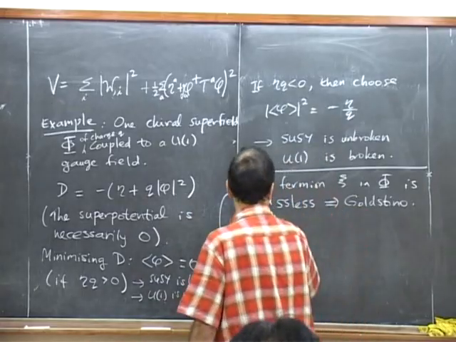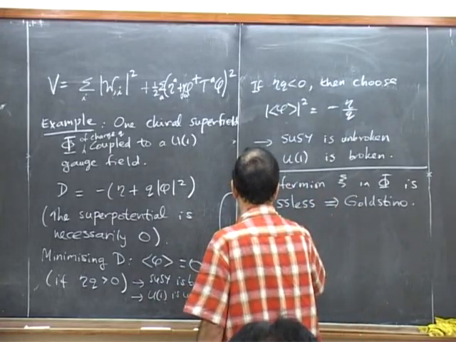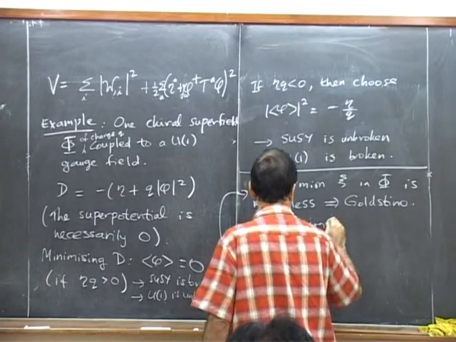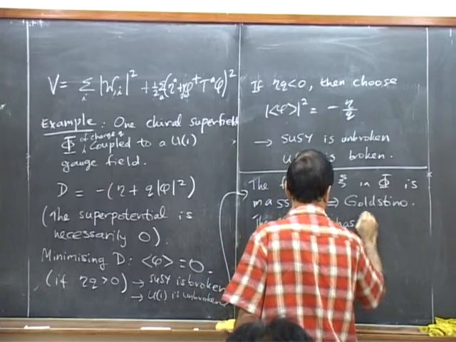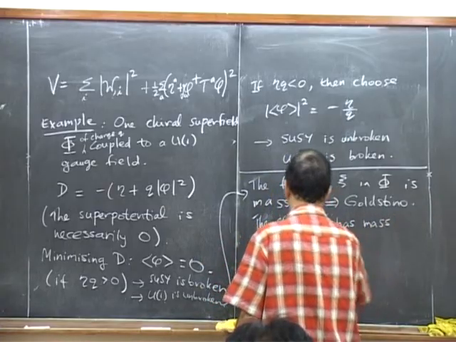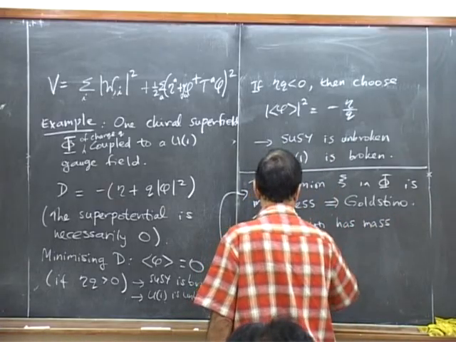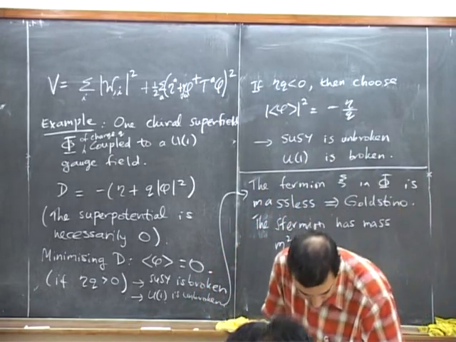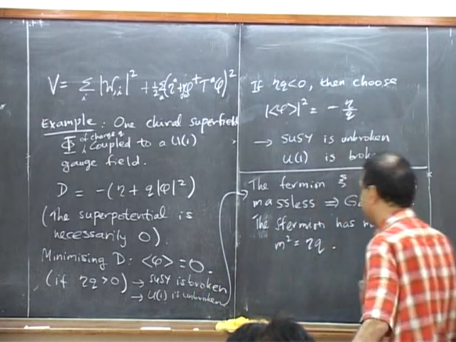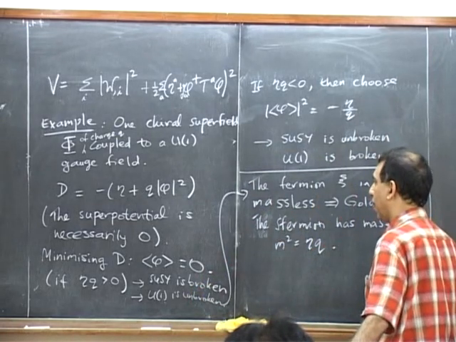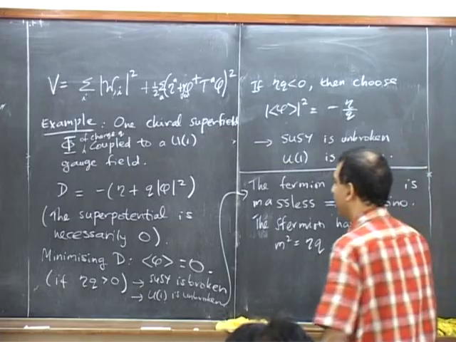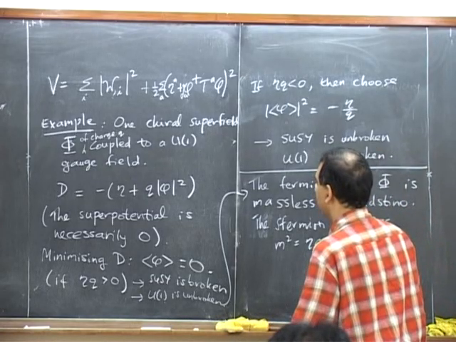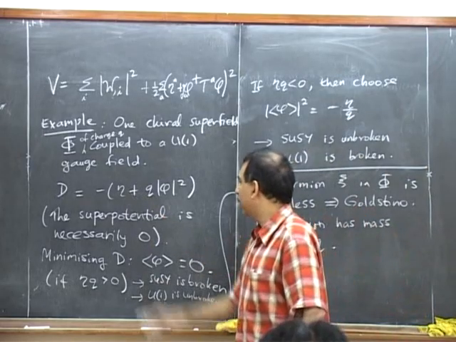Okay. This scalar has mass squared equals eta q. And in fact there's a half which is annoying me slightly, because it's a half eta squared.